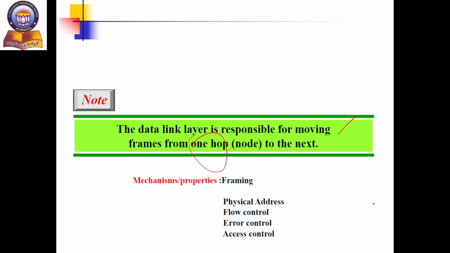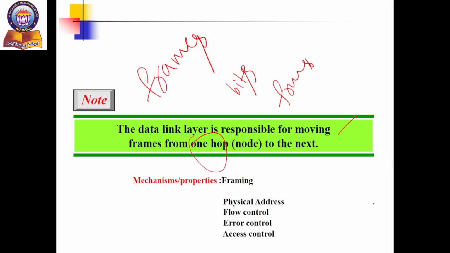What is the meaning of frames here? In the physical layer, we talk about the data as bits, and when these bits come into the data link layer, we name them frames. Simple thing, just remember the words. In the data link layer, we name the data frames.